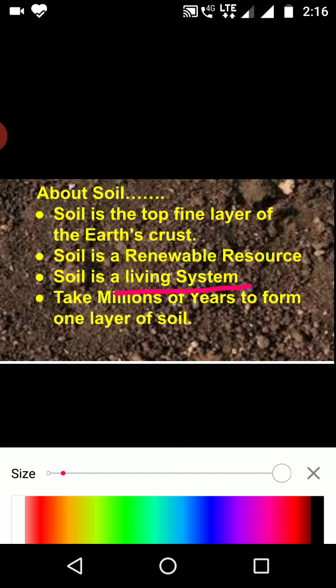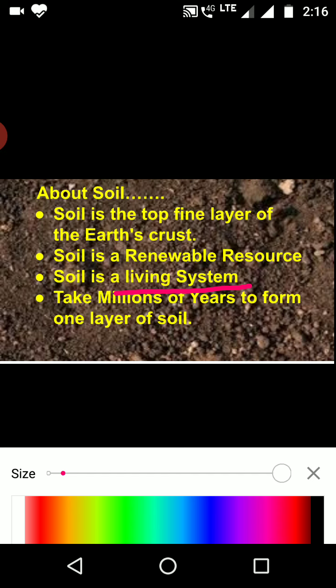Here the system is living, that means soil has a continuous system of formation, an ongoing process, and because this system is going on continuously, it is growing on and on, and any living thing grows, and hence it is called a living system.